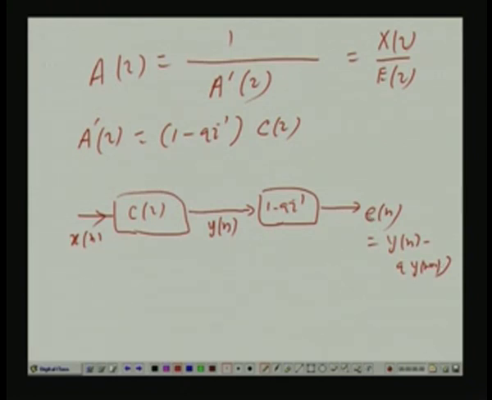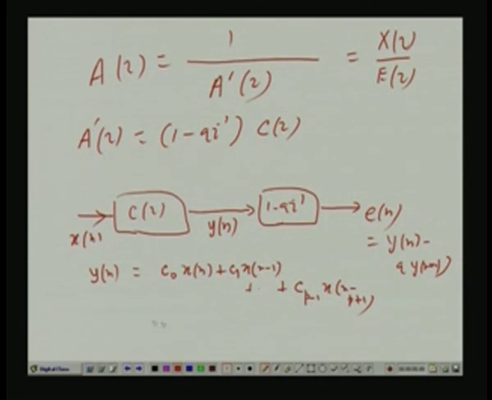Now, we know e[n] is orthogonal to x[n minus 1] to x[n minus p]. Okay. Now, what is y[n]? y[n] is C0 x[n] plus C1 x[n minus 1], dot dot dot. Total terms: the degree of C(z) is p minus 1, not p. This is very important. So, it will go up to C_{p minus 1} x[n minus p plus 1].